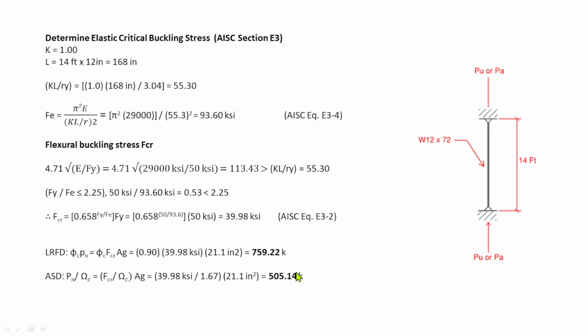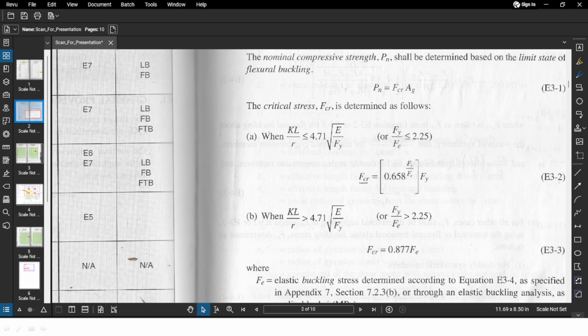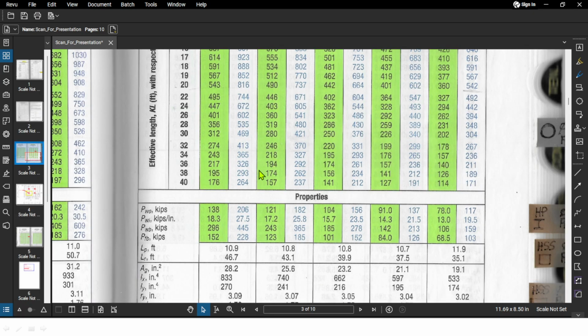So let's proceed to B, which is using table 4-1.